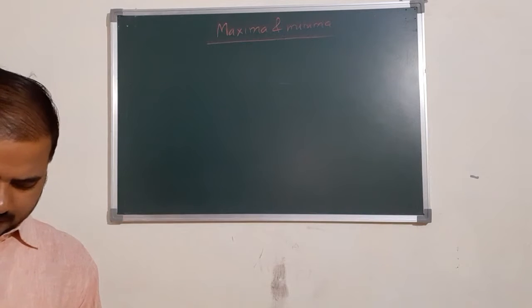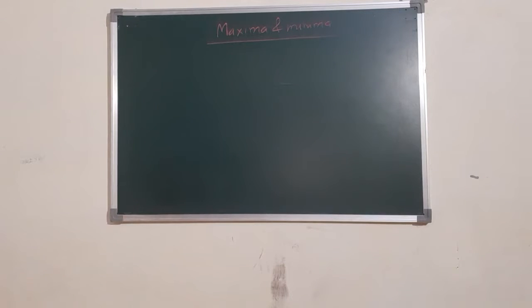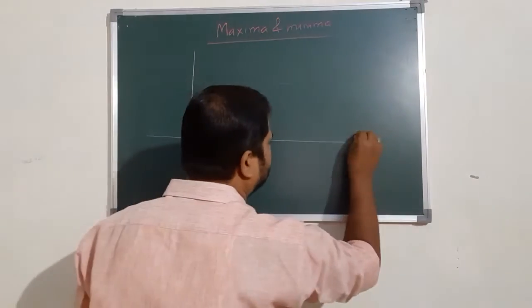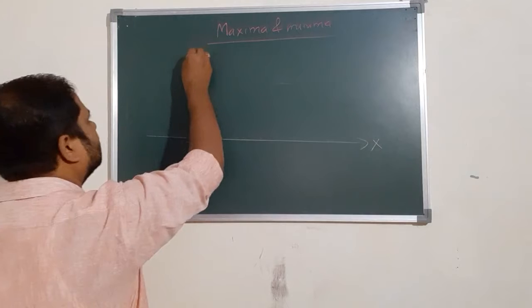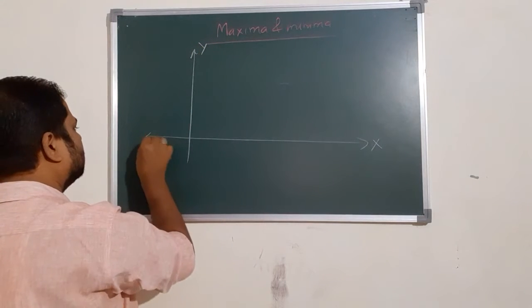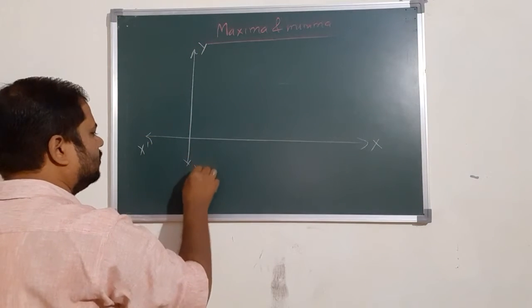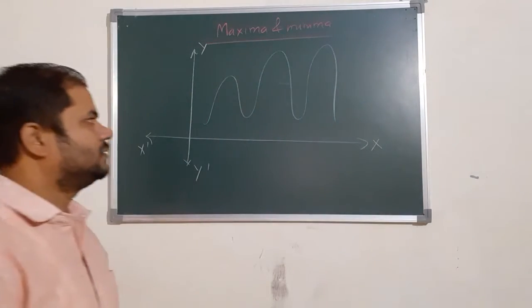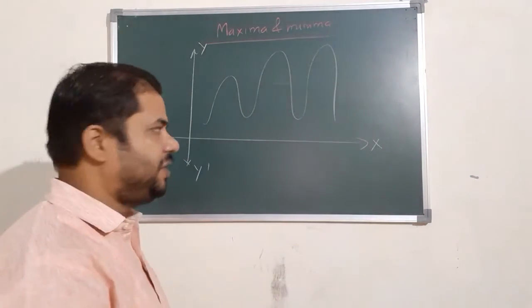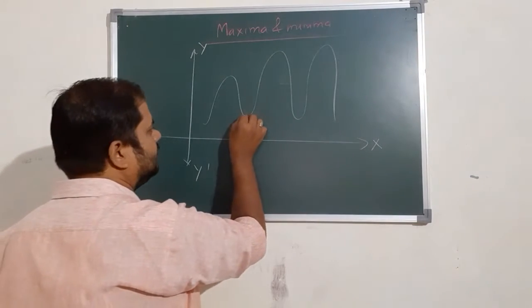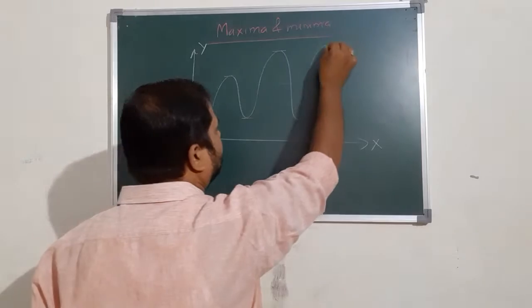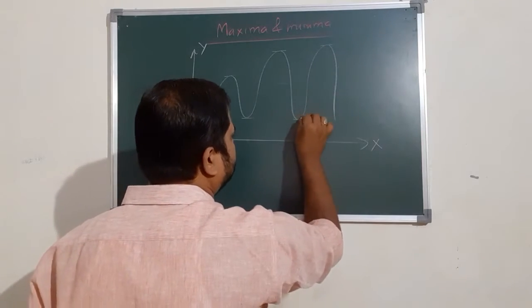First of all, we see a function has so many maxima and minima. Suppose this is a function. See, this is minima, this is maxima, this is maxima, this is maxima, this is minima.